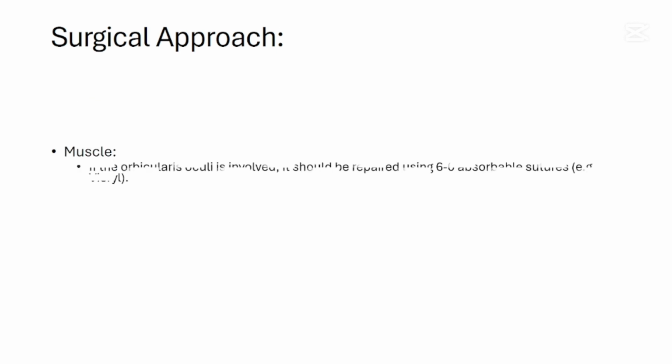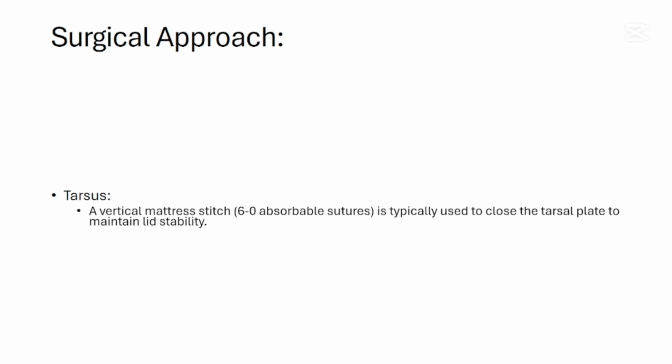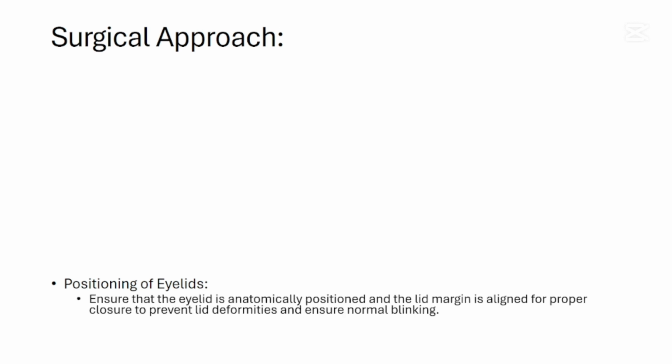For the muscle, you can use Vicryl 6-0 absorbable. For tarsus, you can have a few interrupted sutures after correcting the lid margin. Then conjunctiva usually heals on its own, but you can use an 8-0 Vicryl. And the most important thing is the positioning of the eyelid: make sure that it's slightly everted initially to prevent deformities, and it should be in a single line after it's healed.